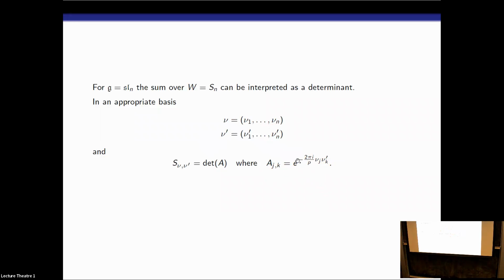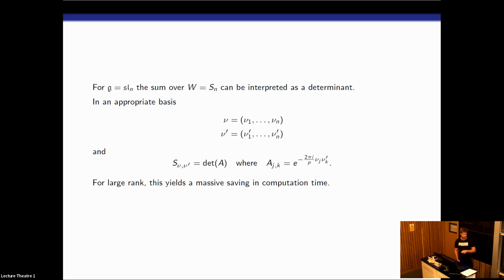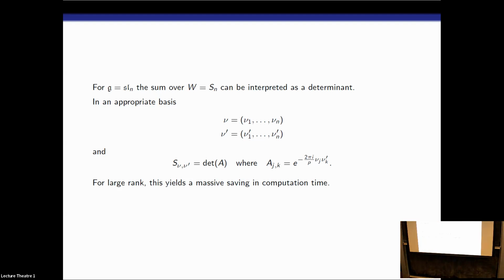If you stare at it for a bit, you can just see that the S matrix is given by this determinant. And since it's a determinant, we could use a better method, like Gaussian elimination, to compute it. And if you go to large ranks, this really is massively faster than just doing the Weyl group sum. Okay. So I'm mentioning this now, but this is going to appear towards the end of the talk again.